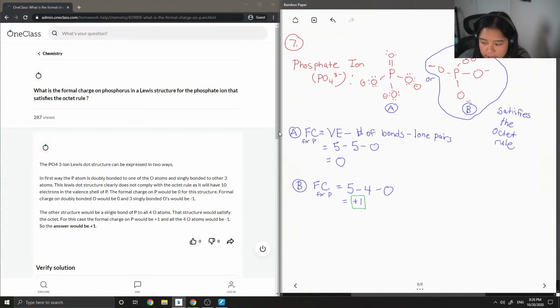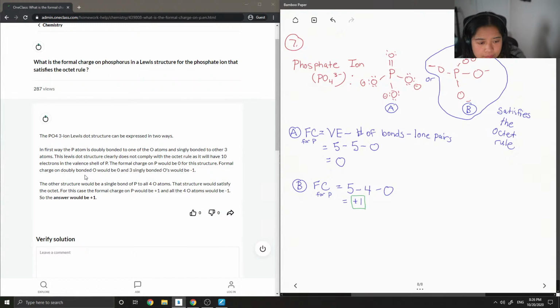So let's look at the answer that our junior tutor said. PO4 3- ion Lewis dot structure can be expressed in two ways. In the first way, the phosphorus atom is doubly bonded to one of the oxygen atoms and singly bonded to the other 3 atoms. This Lewis dot structure clearly does not comply with the octet rule, as it will have 10 electrons in the valence shell of phosphorus. The formal charge on phosphorus would be 0 for this structure.